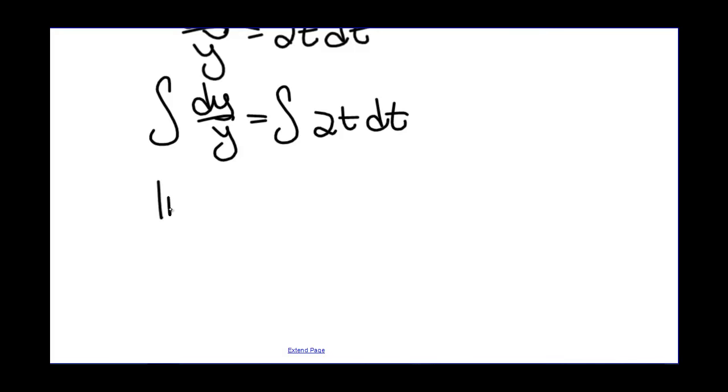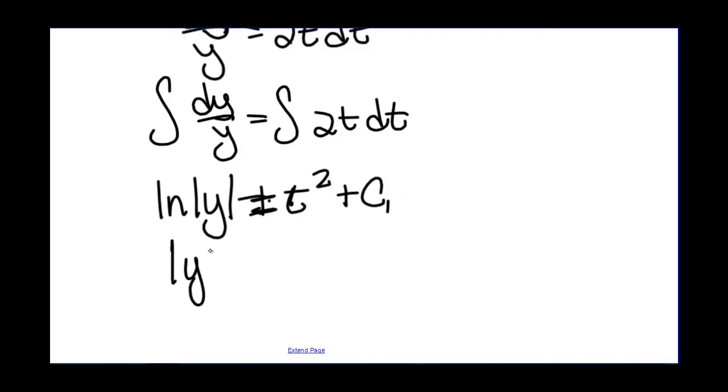which gives us the natural log of the absolute value of y equals t squared plus a constant. We'll call it c1. And we want to solve for y if possible. So we have the absolute value of y equals e to the t squared plus c1. And this e to the c1 is greater than 0, and it's a constant.